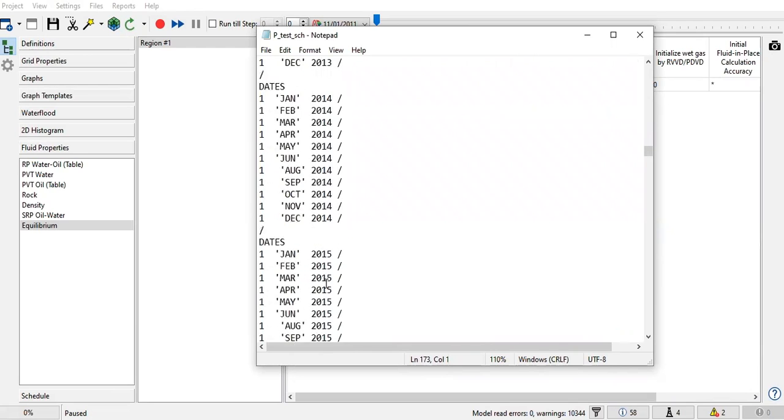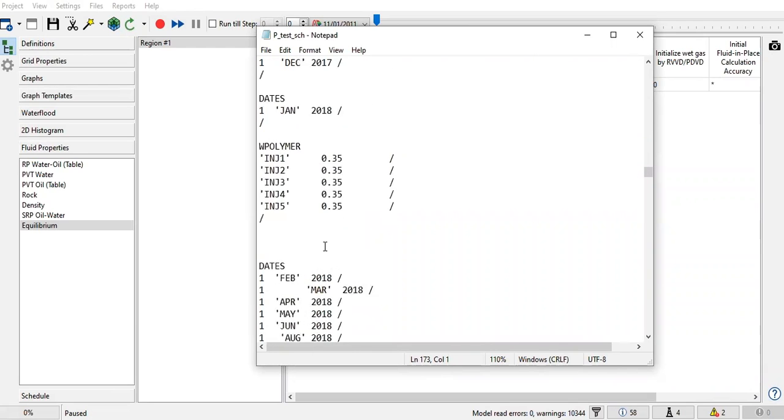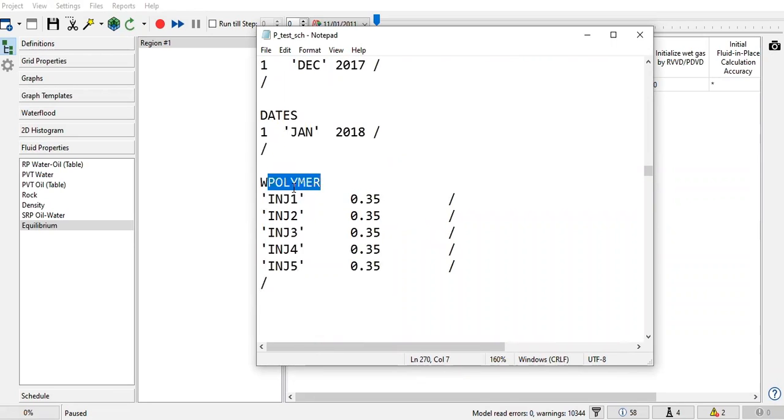And then we will put our injector concentration here, WPOLYMER. So injector 1 will inject polymer, and this is the concentration. So that's for the WPOLYMER. And the unit will be, in this case, field unit, pound per stock tank barrel. So this is 0.35, the concentration of the polymer, 0.35 pound per stock tank barrel.